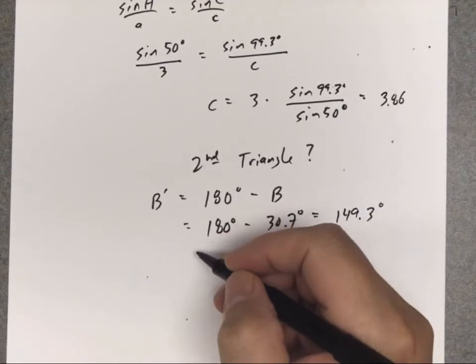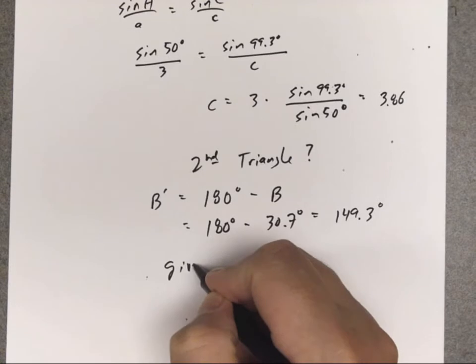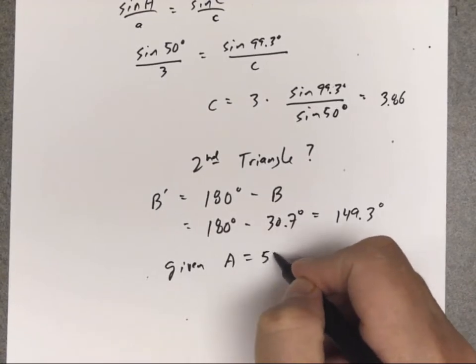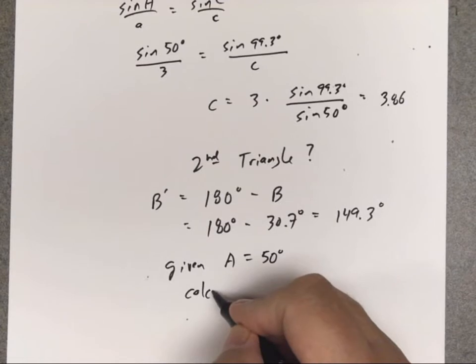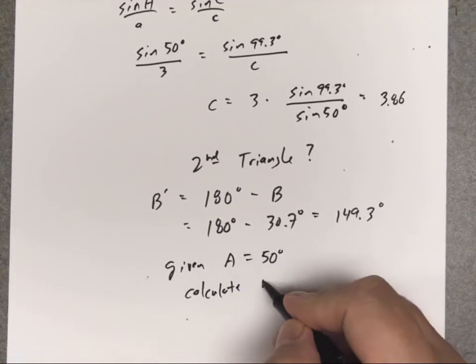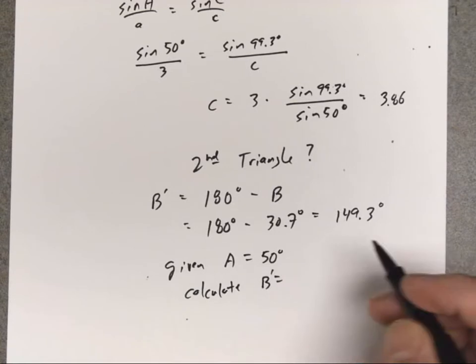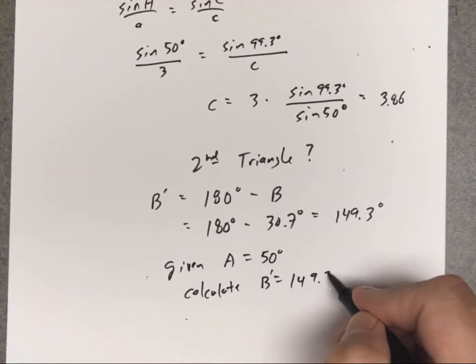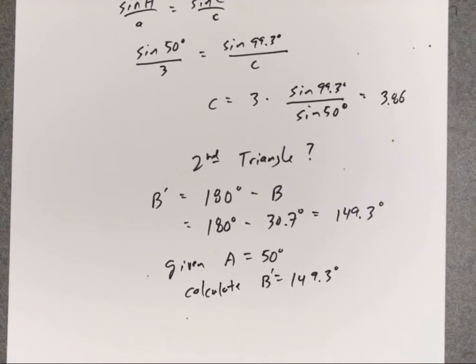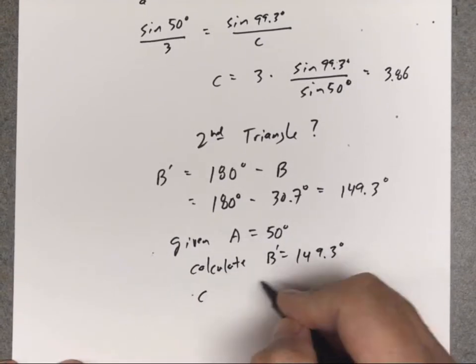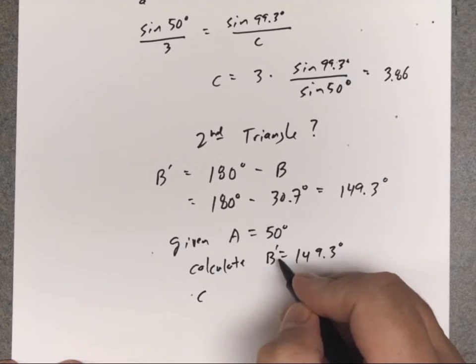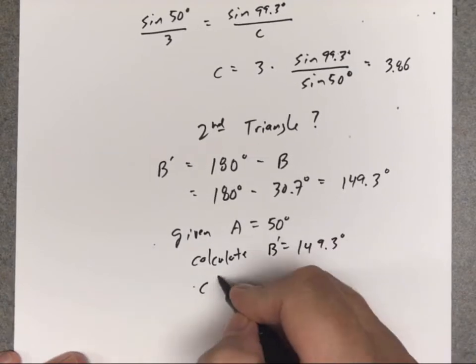So far, we were given that A is 50 degrees. We calculated B, I'll call it B prime, is 149.3 degrees. And now, if this was angle A and this was angle B of my new triangle, what would angle C of the new triangle be?